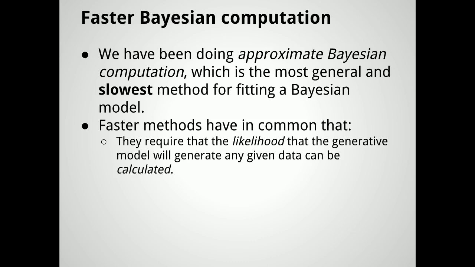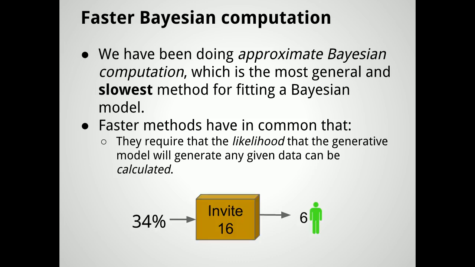So what we did when we did approximate Bayesian computation was that we defined a generative model function that took a fixed parameter value and simulated some data. And we figured out the likelihood of the generative model simulating the actual data by running it many times and then counting how many times it produced data matching the actual data. And all this simulation can be very time consuming.